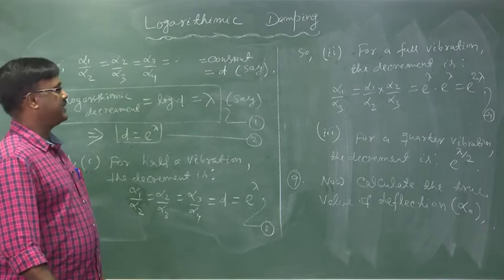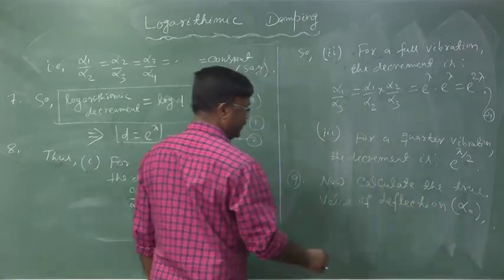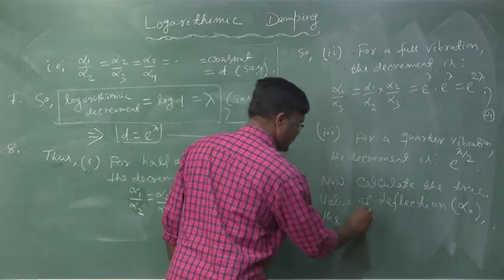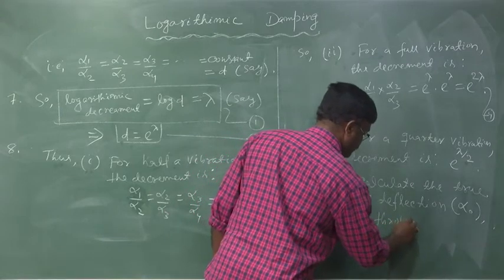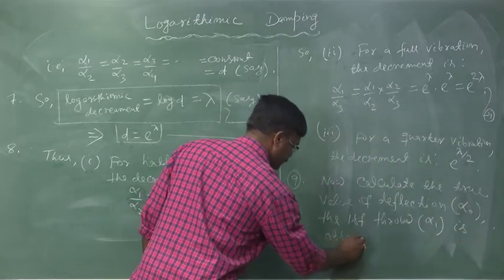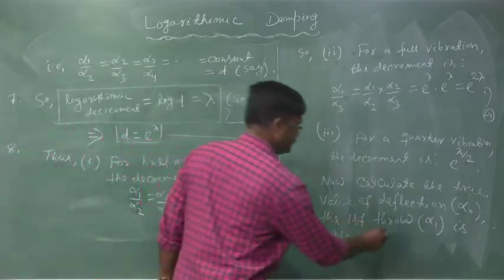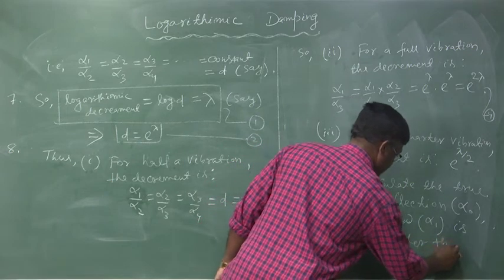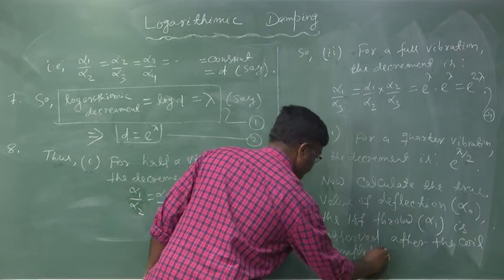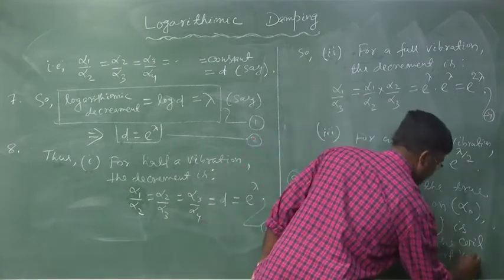The first throw is observed after the coil completes a quarter of vibration.